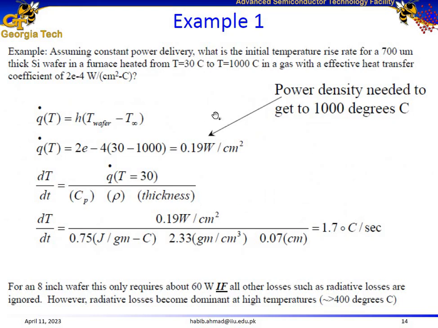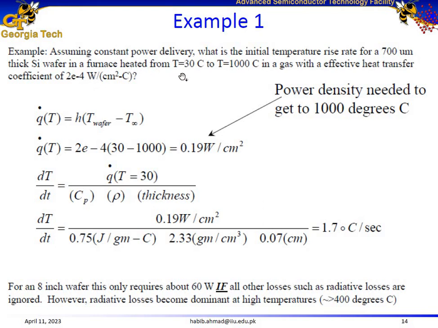Here is an example on convection. So assume a constant power delivery. What is the initial temperature rise rate for a 700 micrometer thick silicon wafer? The thickness of the silicon wafer is given. Generally, the silicon wafers are in the range of 300 to 700 micrometers thick.